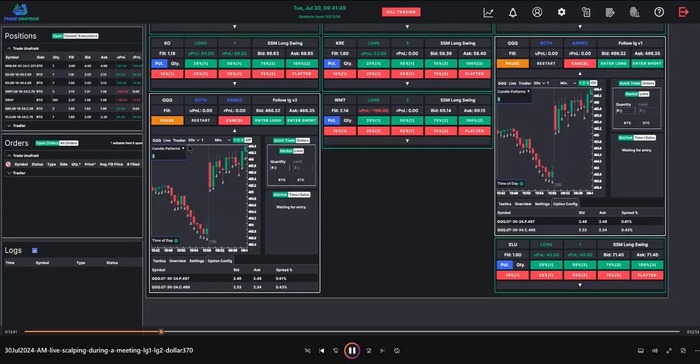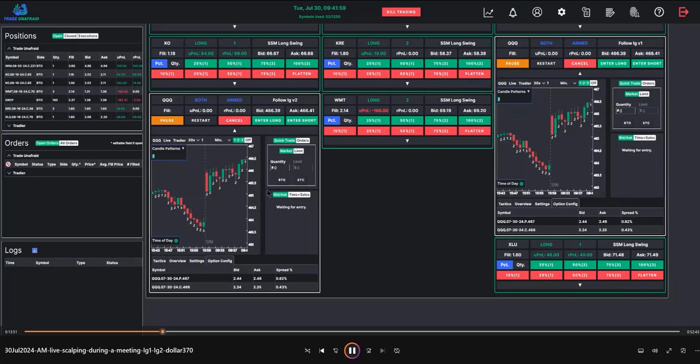So if you're familiar with the strat, you'll know that ones are inside candles, twos break one side of the prior candle, and threes are outside candles. So here's a 2 that I think is about to go 3. And that will enter, see the candle pattern? It's looking for 3, both of these in the Qs.